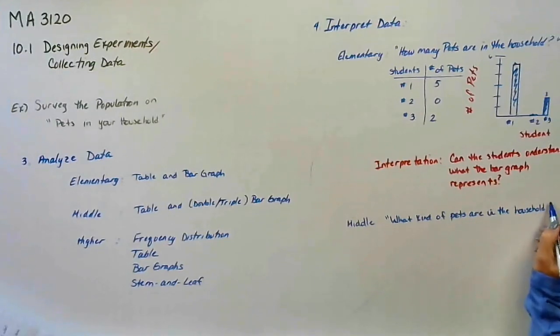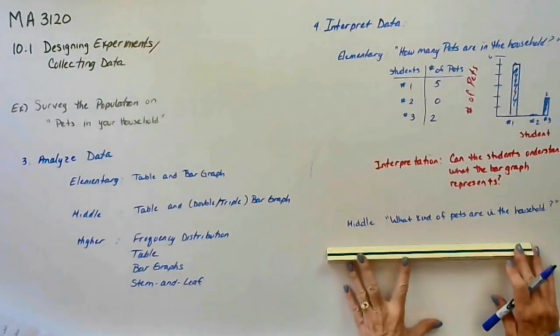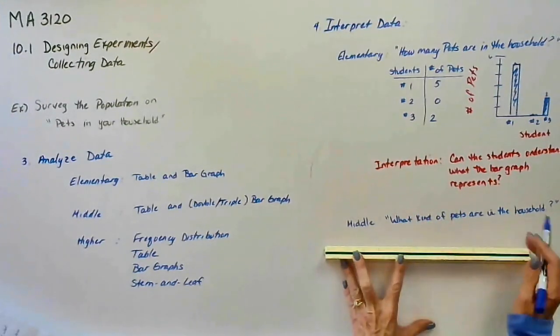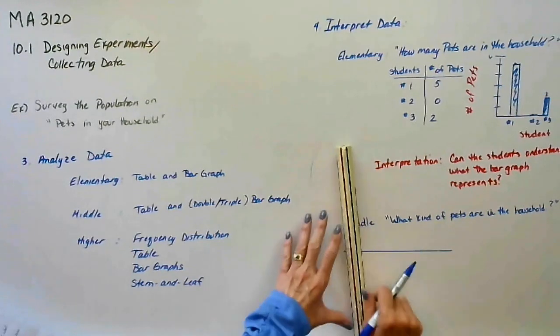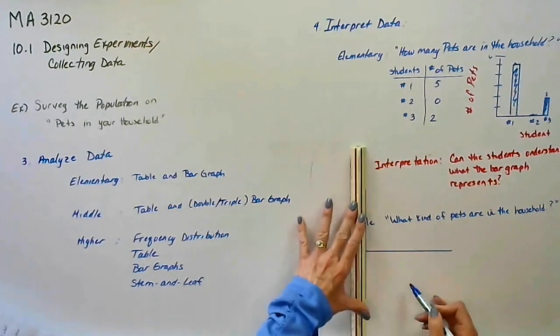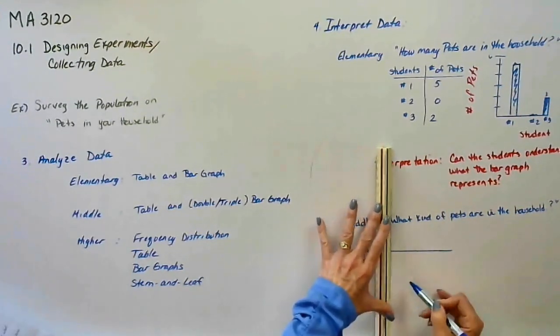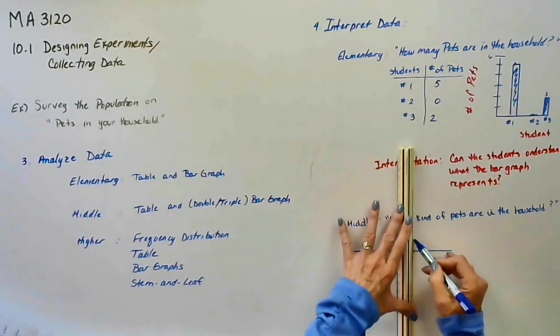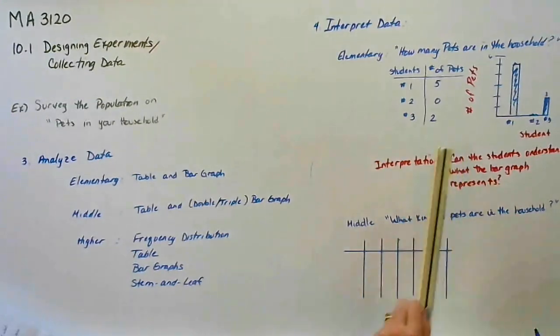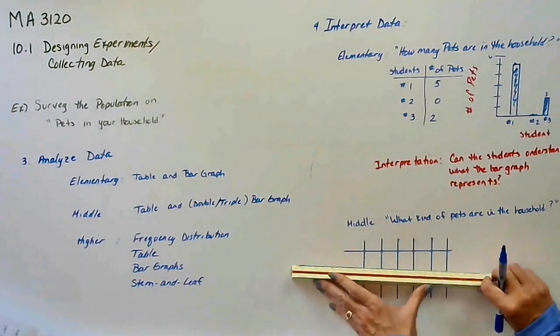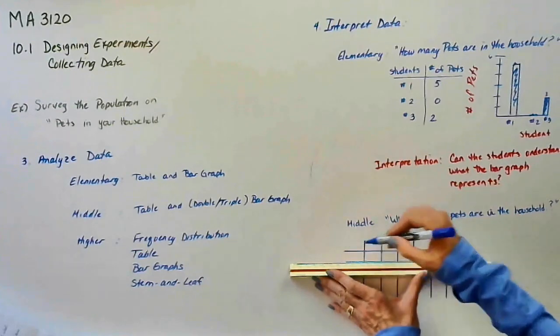And we said, well, we're going to make a table of values, but this time student number 1 can have various inputs. So if I make my table, I'm going to move it over here so I have a little more room. I apologize for that. I might go, all right, I have student number 1, but we have dogs, cats, fish, birds, turtles, whatever you have. And you have a variety of students.